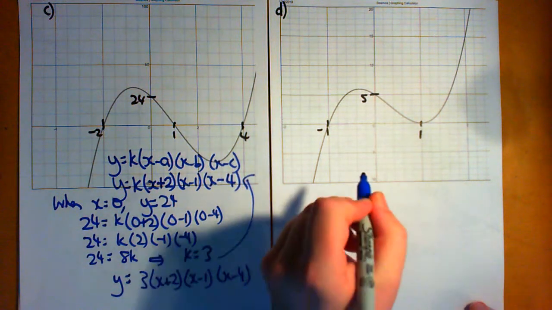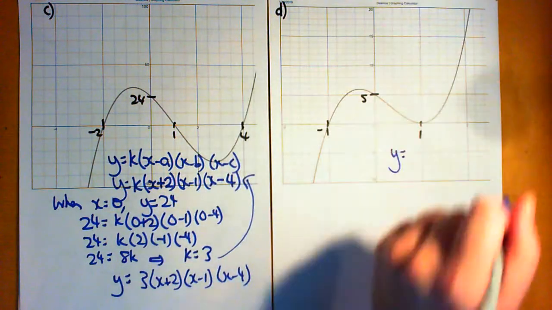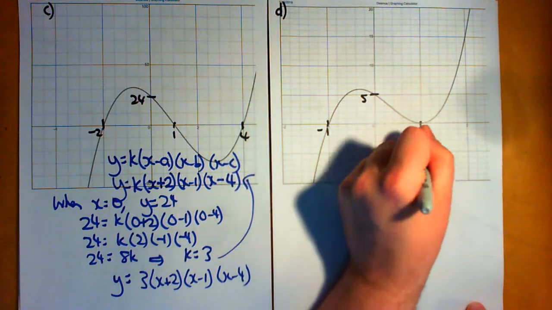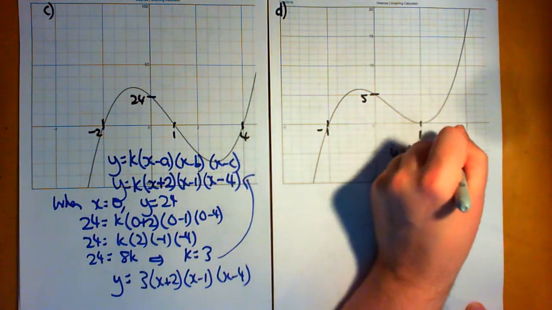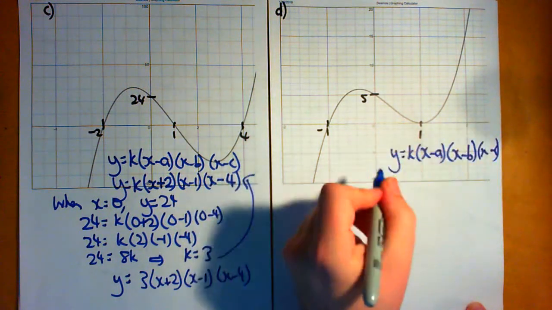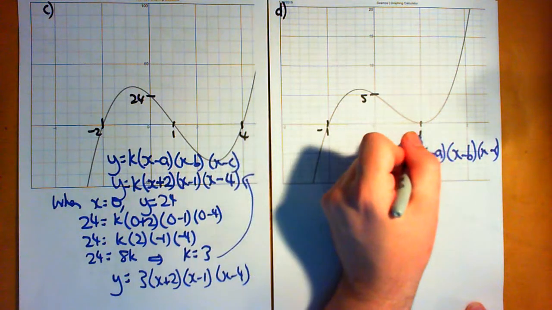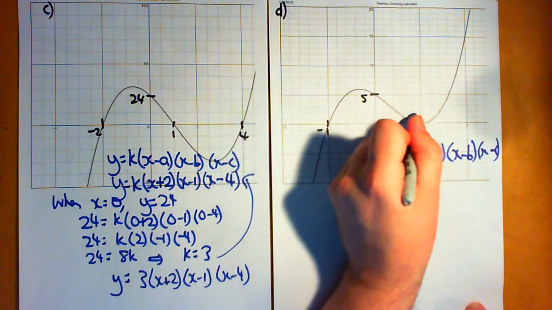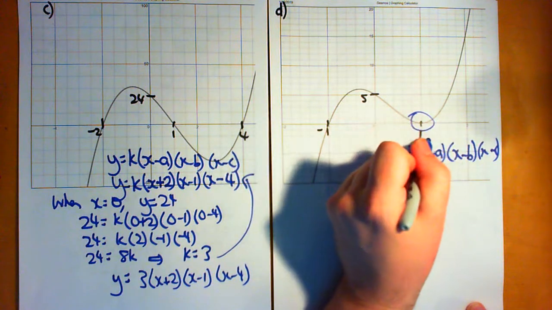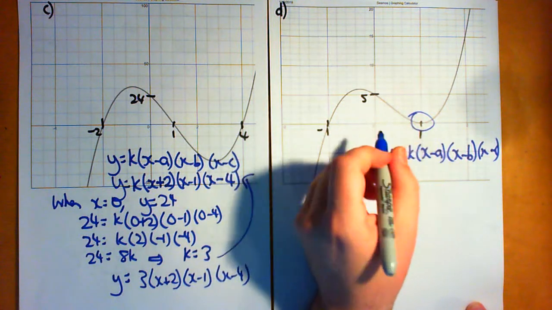So our form is the same as what we had with the other cubic, because the shape is exactly the same. y equals k times (x - a)(x - b)(x - c). And what are our intercepts? -1 and 1. And since this is turning right on the x-axis, we count +1 as an intercept twice on this occasion.